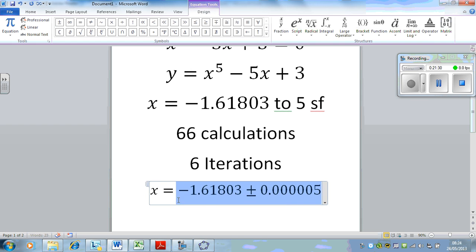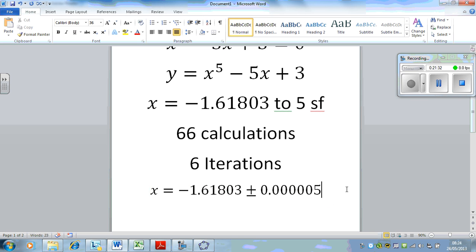So error bounds, that's an important part of getting the mark. You need to do that.